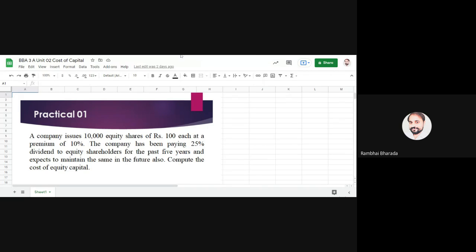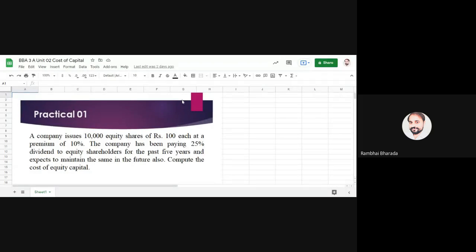Are you ready, everyone, with your book, pen, and calculator? See, again I tell you that it hardly takes 1 or 2 minutes if the concepts and calculations are clear. It is easier than the time value of money. Time value of money जितना easier था, उससे भी easier. So, shall we start?